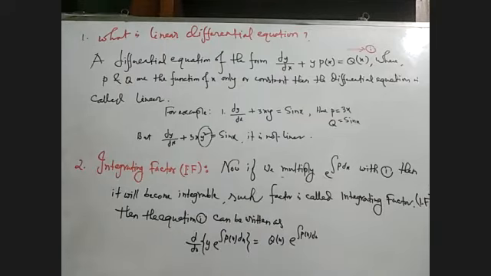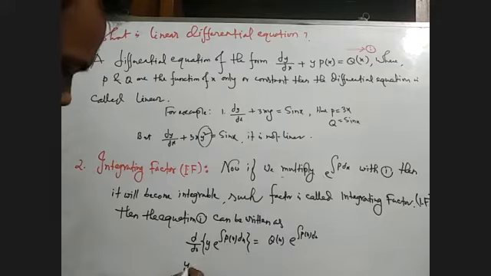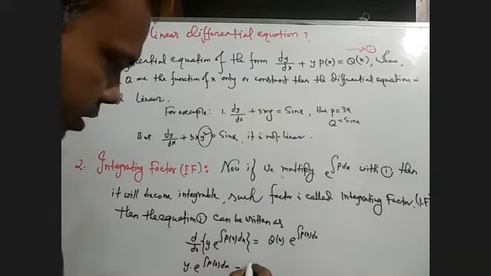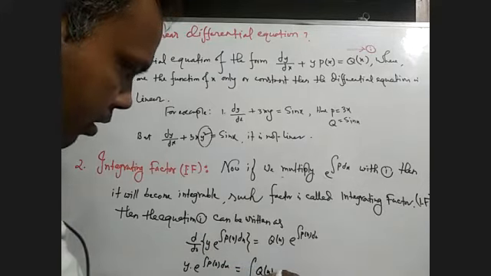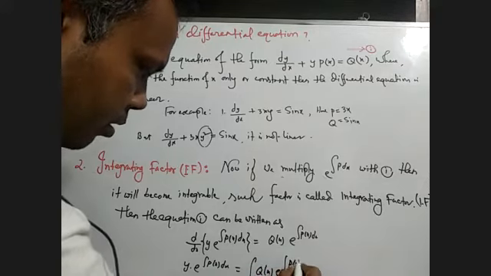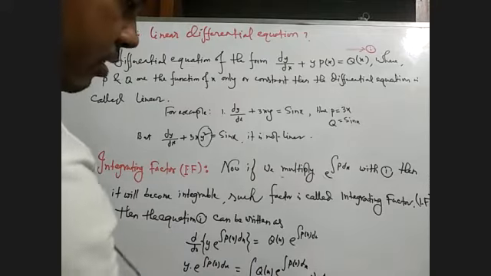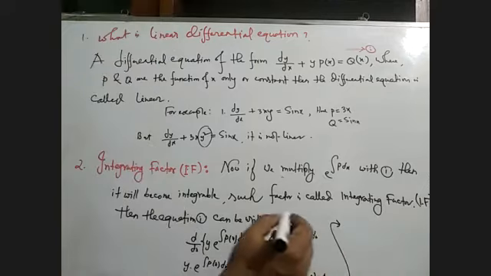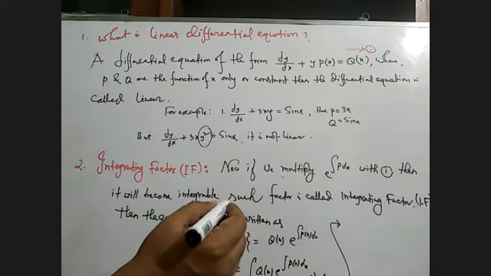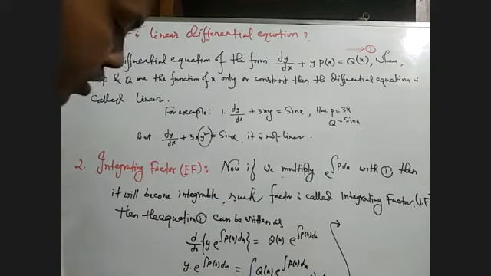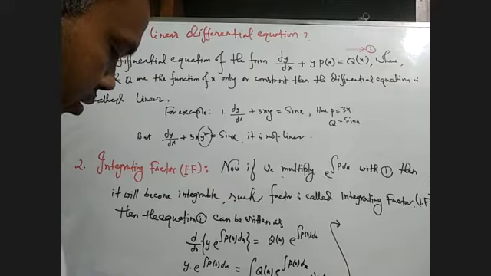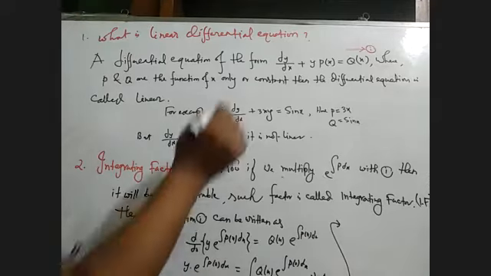Now integrating on both sides, dx will be cancelled on the left, and on the right we get the integral of Q(x) times the integrating factor. This is the solution of this differential equation.